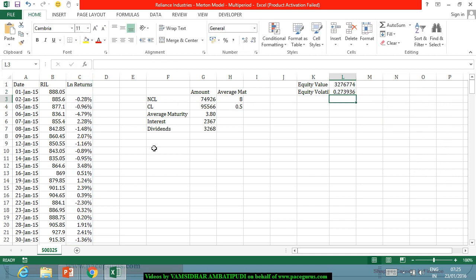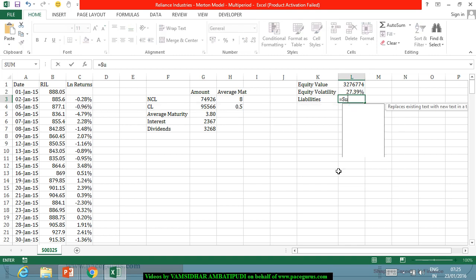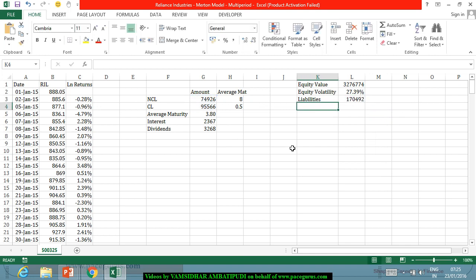This gives me the equity volatility of somewhere around 27.39%. Similarly, I can get the liabilities of Reliance. The total liabilities, I have already broken it up, but the total liabilities is the summation of these two. So this is the worth of the total liabilities.